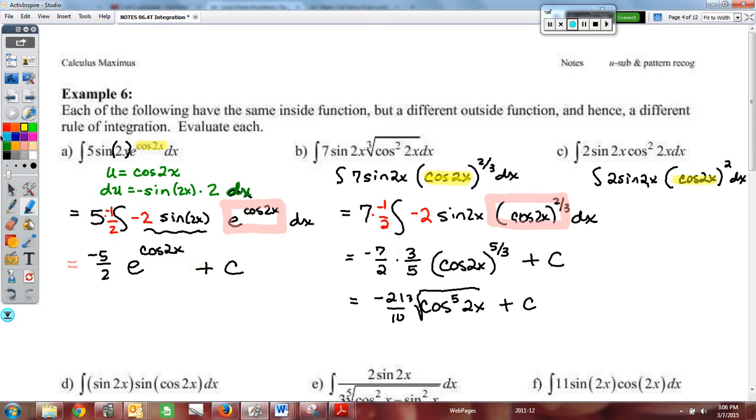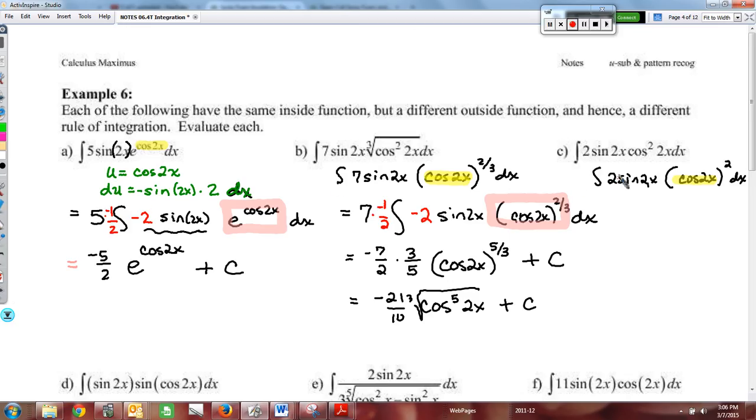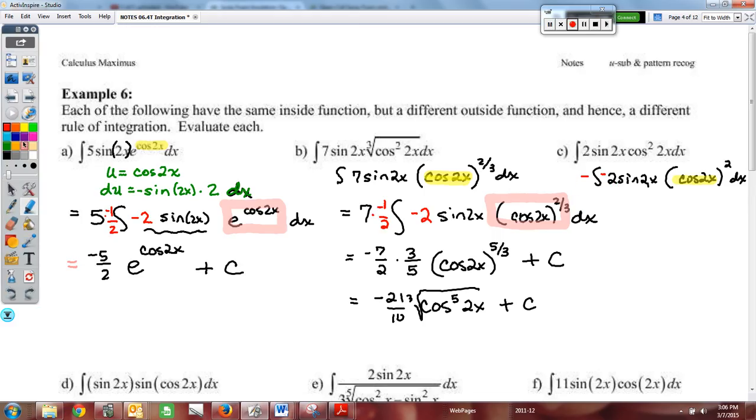And the nice thing about this one is that the only thing I'm actually missing is the negative. I've got a 2 right here, so that 2's not a writer, that 2's part of the derivative of the inside function. But I am missing the negative that goes there. So I am going to put a correction in, put a negative in, put a negative out. And so now I'm ready to go ahead and do the integration.